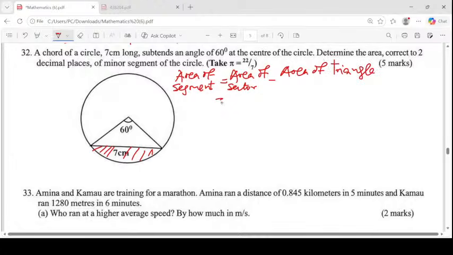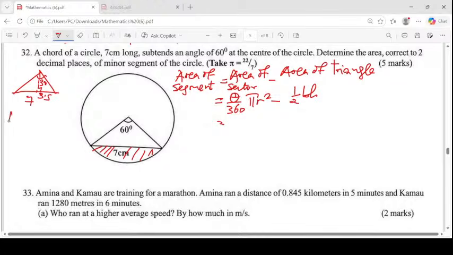The area of the sector is usually given by theta over 360 times pi r squared, minus the area of the triangle, which is a half base times height. So let me first get the radius here. If you have a circle like this, with these sides being 7 and this angle 60, divide this into 2: this will be 3.5, and this will be 30. If this is 90, I want the height, so this will be opposite and adjacent.